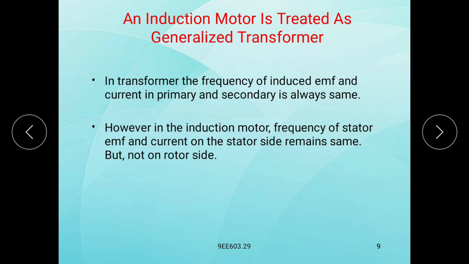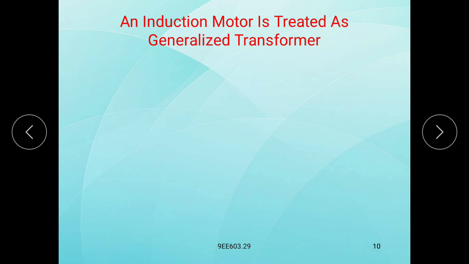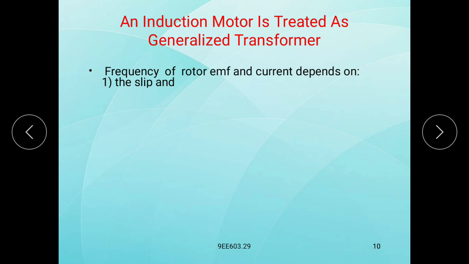However, in the induction motor, the frequency of stator EMF and current on the stator side remains the same but not on the rotor side. The frequency of rotor EMF and current depends on, first, the slip. Second one is the load on the motor.